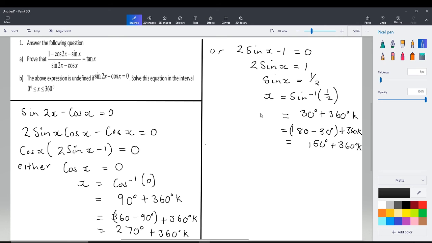So this expression is undefined when x is equal to 30, 90, 270, and 150. We're stopping at this interval because it says from 0 to 360. If that restriction was not there, then we'd still add that 360k.